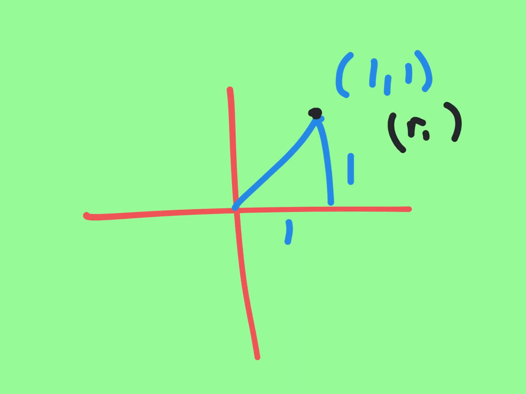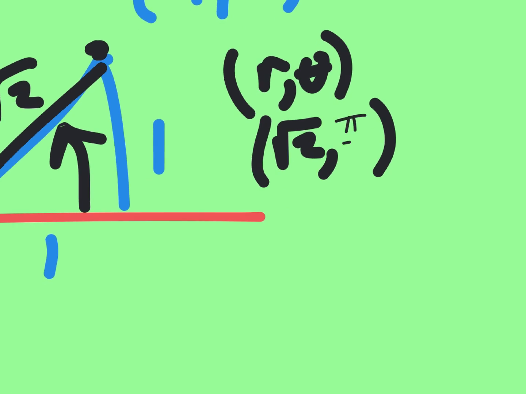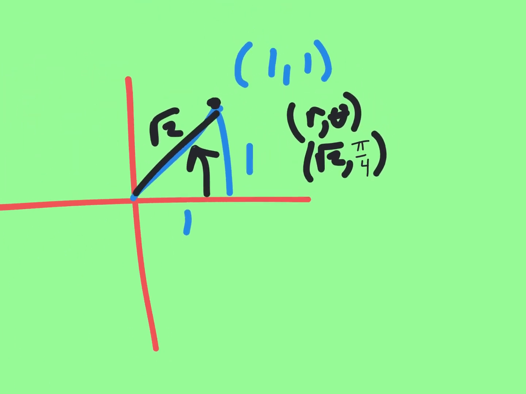It's always r comma theta, so what's the r? What's this side here? Square root of 2. 1, 1, root 2. You ever heard of it? Square root of 2, comma. And then what's the angle? It's that angle, which is 45 degrees, aka pi over 4. Root 2, comma, pi over 4. Are you good with that?